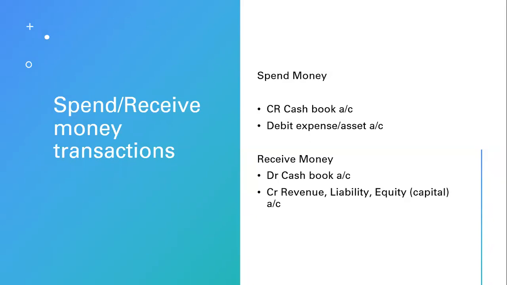If it's a spend money transaction, the cash book is credited, and the asset or expense is debited. The opposite is for receive money: the cash book is debited, and the revenue, liability, or equity account is credited, depending on the nature of the transaction.